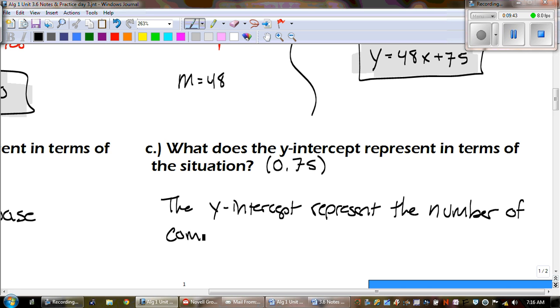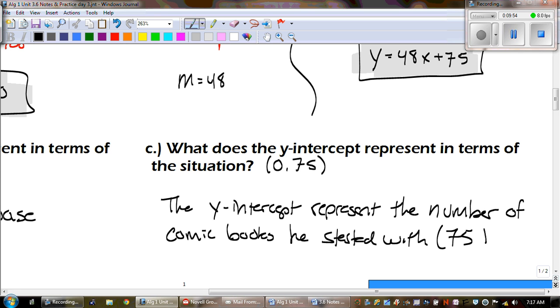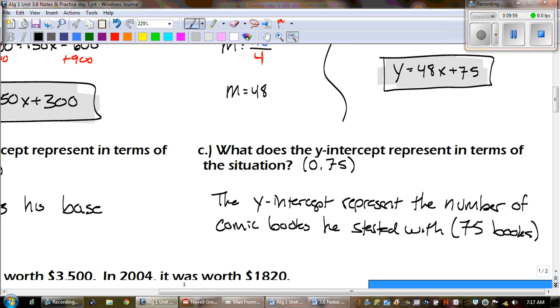Yeah, the number of comic books he started with. And that would be 75 books. Okay.